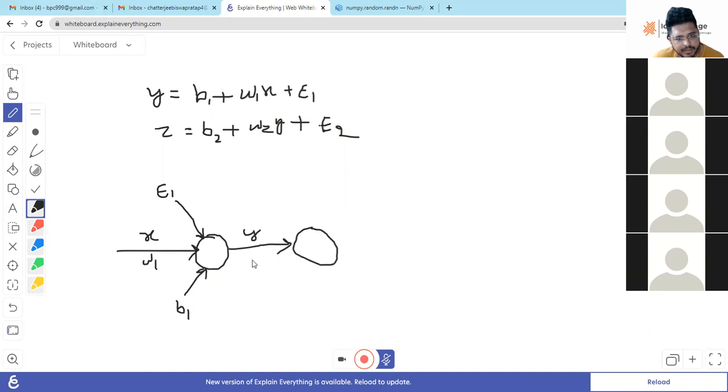Y is coming in with weight W2. Epsilon 2 is coming here. Base value 2 is coming here. And this is Z. Right? This will be the neural network, isn't it?